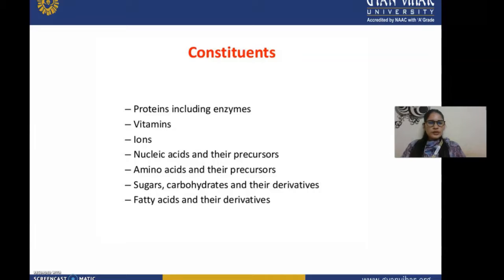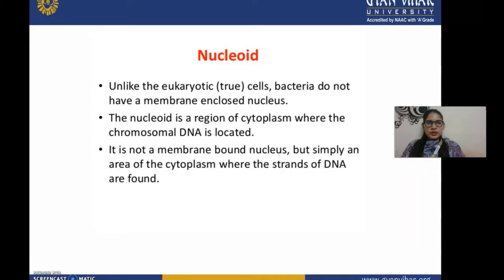Now, coming to the constituents of cytoplasm, it includes proteins including enzymes, vitamins, ions, nucleic acids and their precursors, amino acids and their precursors, sugars, carbohydrates and their derivatives, and fatty acids and their derivatives. Now, coming to the nucleoid: unlike eukaryotic true cells, bacteria do not have a membrane-enclosed nucleus.